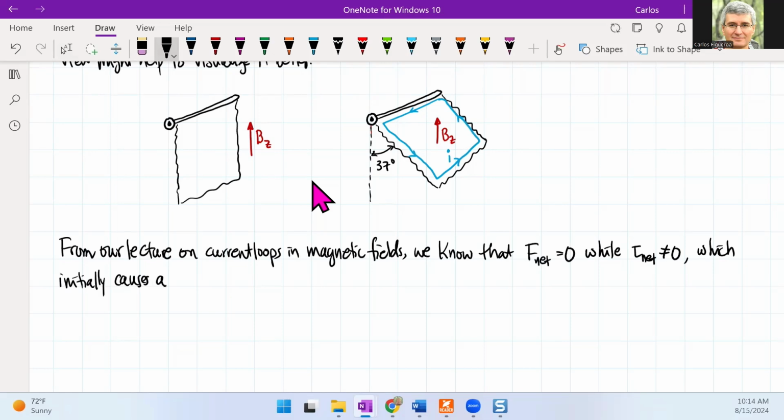It causes a rotation until equilibrium is reached or established.